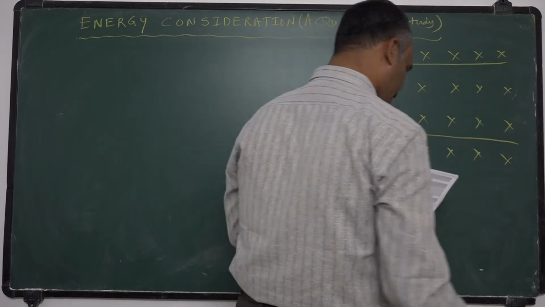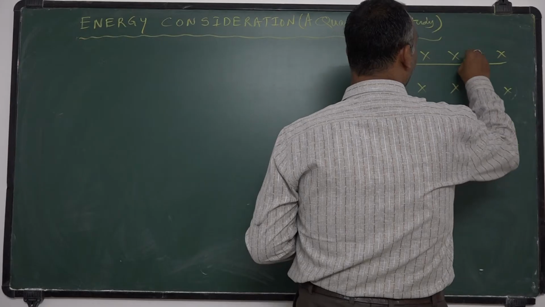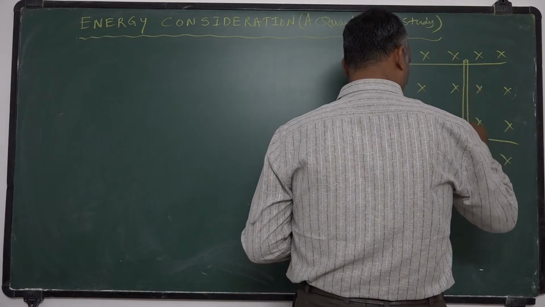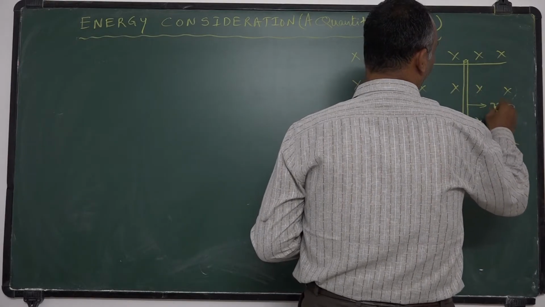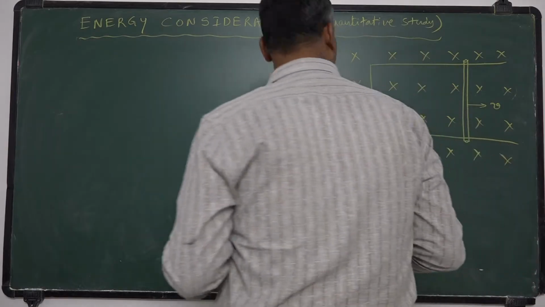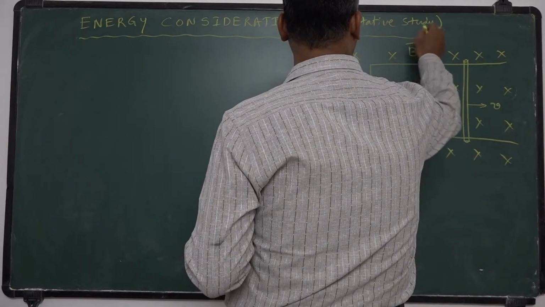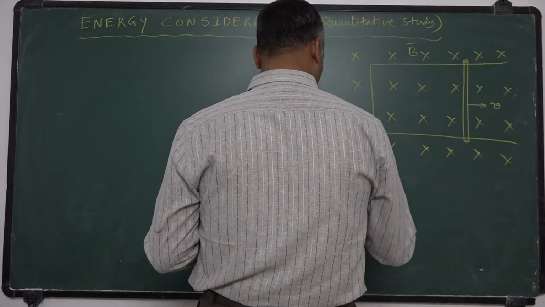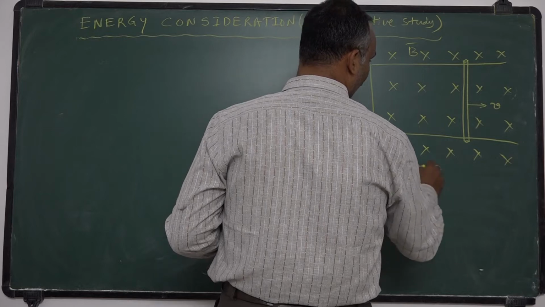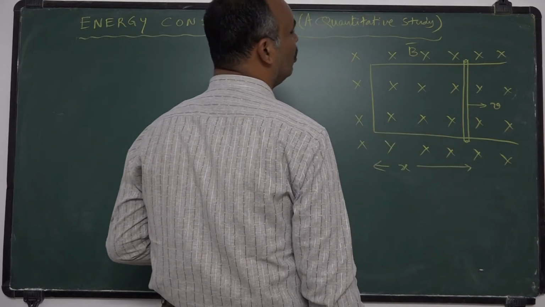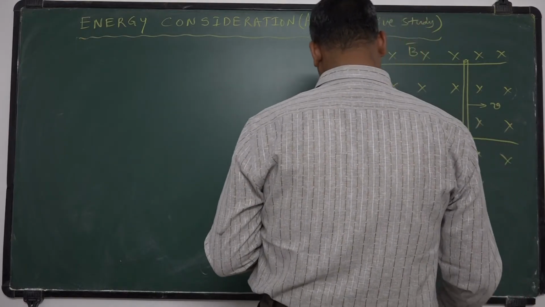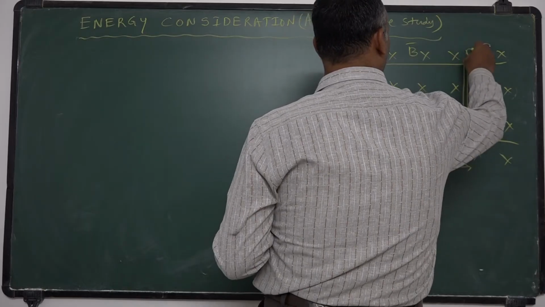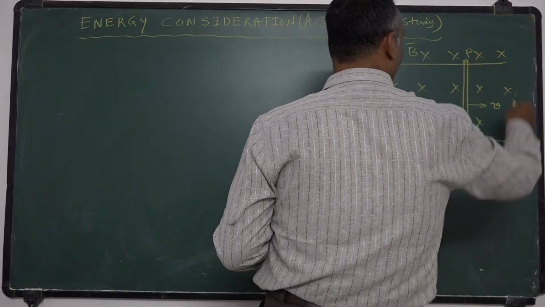Over this metal railing, a rod PQ is sliding with velocity V. The strength of the magnetic field is B into the paper, and at the moment this rod is at a distance x from the edge of the U-shaped rail. Let me name these points as S and R. The rod is PQ, and this is M and N.